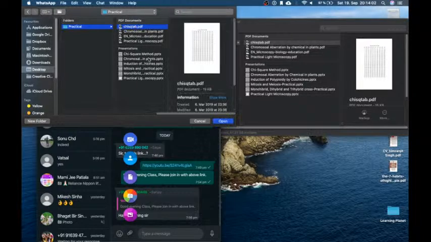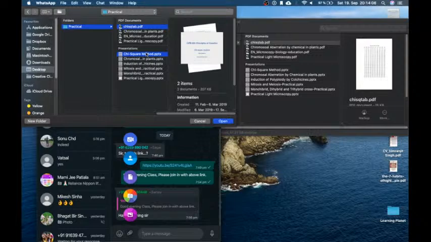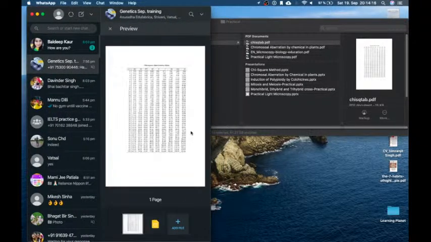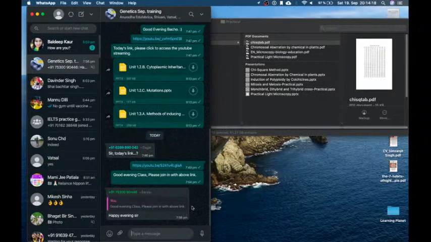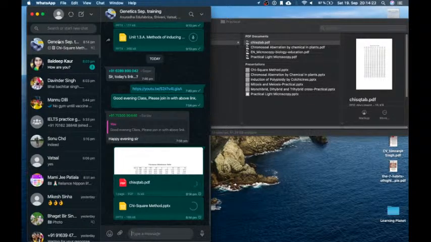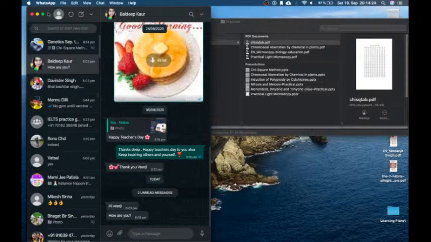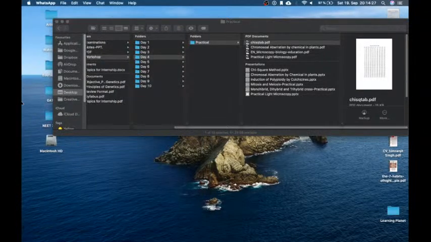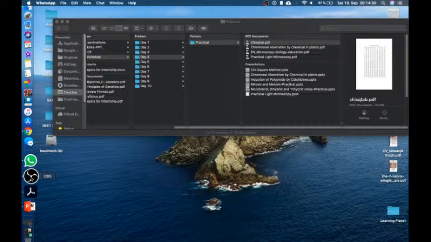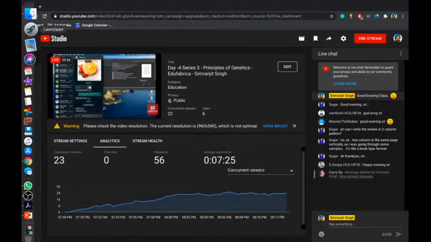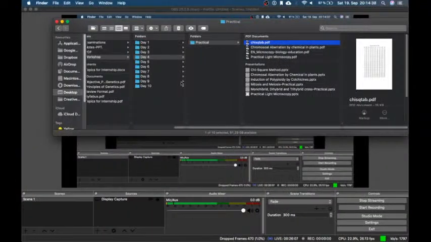I have also attached the table so that you can use it. Let's go to the next part.